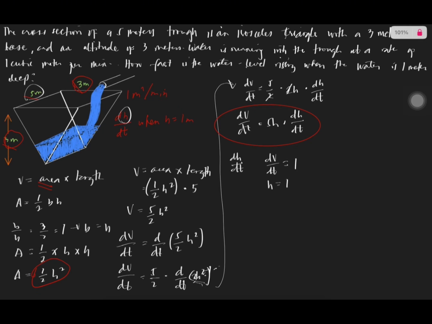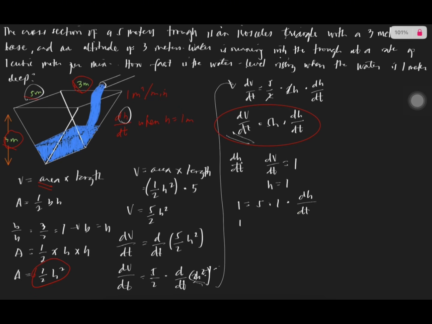So let's substitute these given values into our equation. We have dV/dt, which is 1, equal to 5 times h, which is 1, times the derivative of h with respect to time.